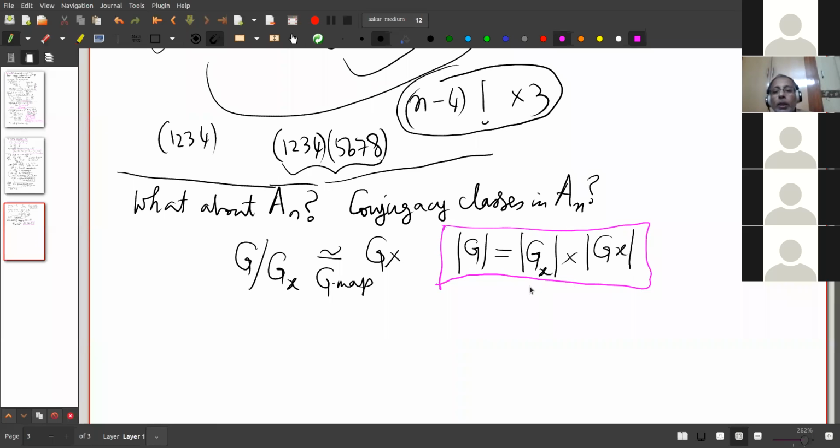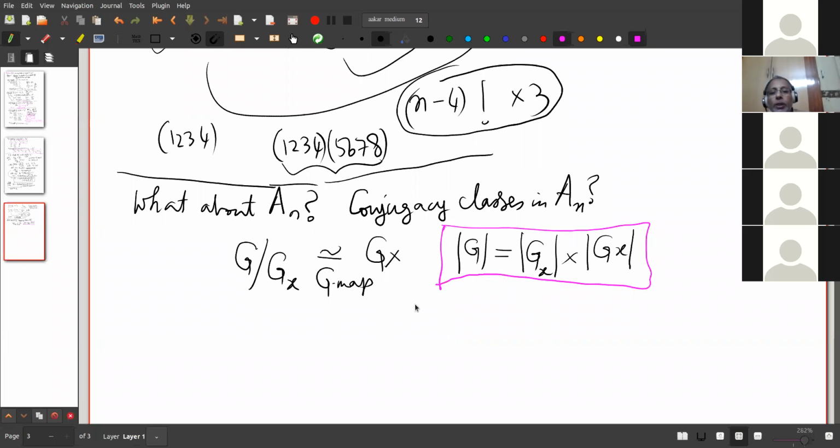So, for example, you need somewhere to begin. What are conjugacy classes in An, you can ask. Is it just the cycle type, or do I need something else? Not only in the alternating group, that's a very good question, but in any group G and any x, you can apply this.